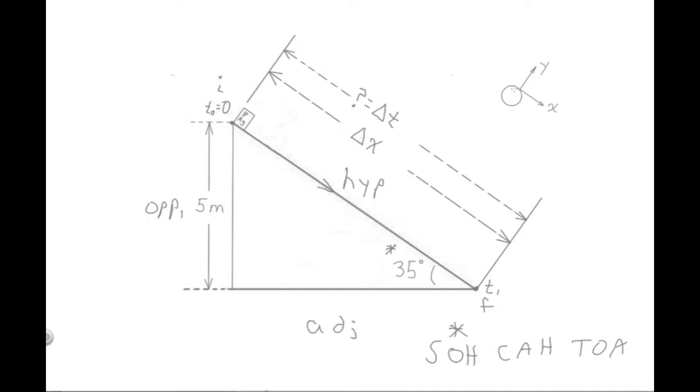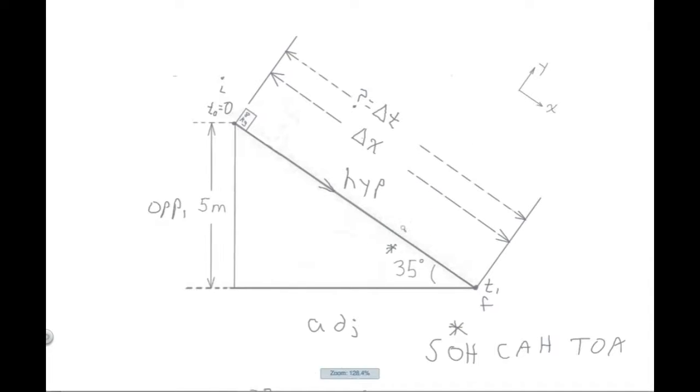The object is being displaced in the positive x direction. So we can say that the complete displacement is positive 8.7 meters. Technically, this stands for the x component of the displacement, and components could theoretically be positive or negative, so we should include a plus sign when it's positive.